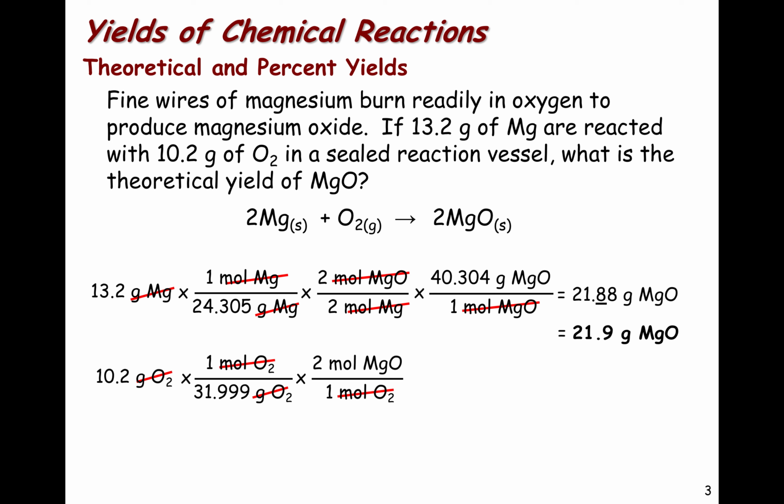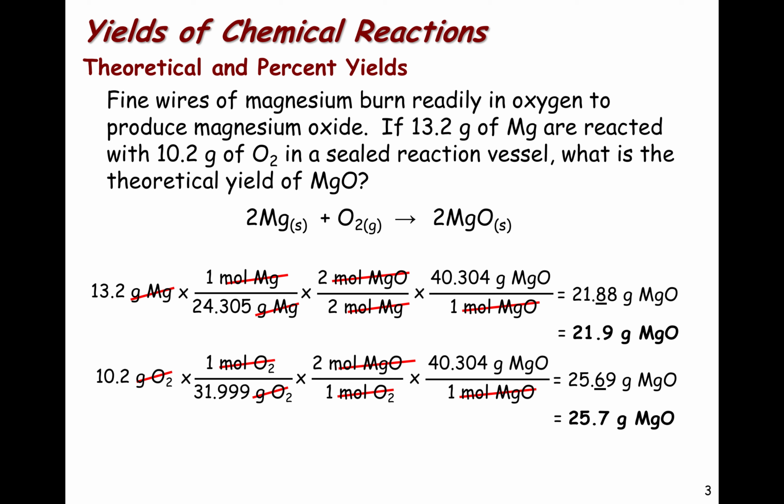And then again multiplying by the molar mass of the product, which is MgO. In this case then we multiply everything in the numerator and divide by the numbers that are in the denominator. We come up with 25.69, again with 3 significant digits, so 25.7 grams.